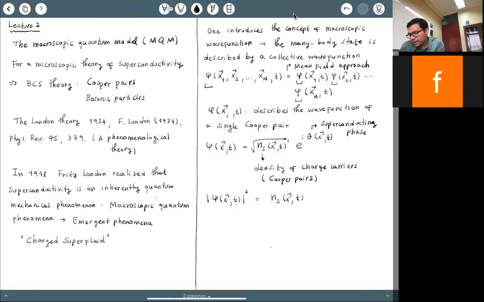Okay, so then of course, the interpretation here is that, imagine we have a volume element here.